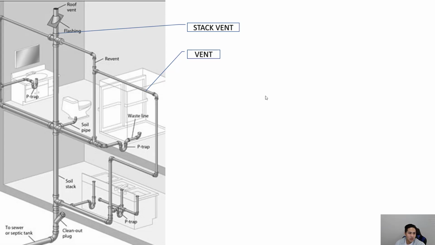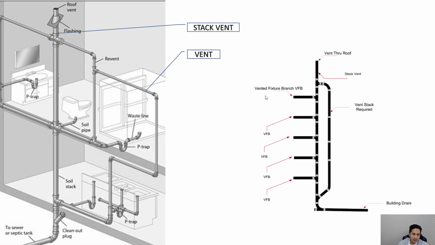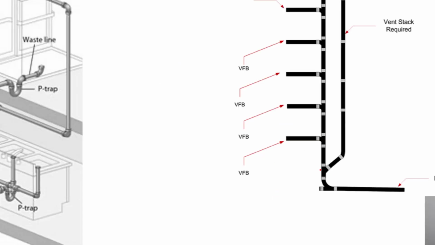Now I want to show you a diagram of a vent stack. So it's this right here. So this is the vent stack. It's connected to the base of this waste pipe here, this waste stack right here. So when we talked about the vent stack, we mentioned a case where it connects to the building drain.